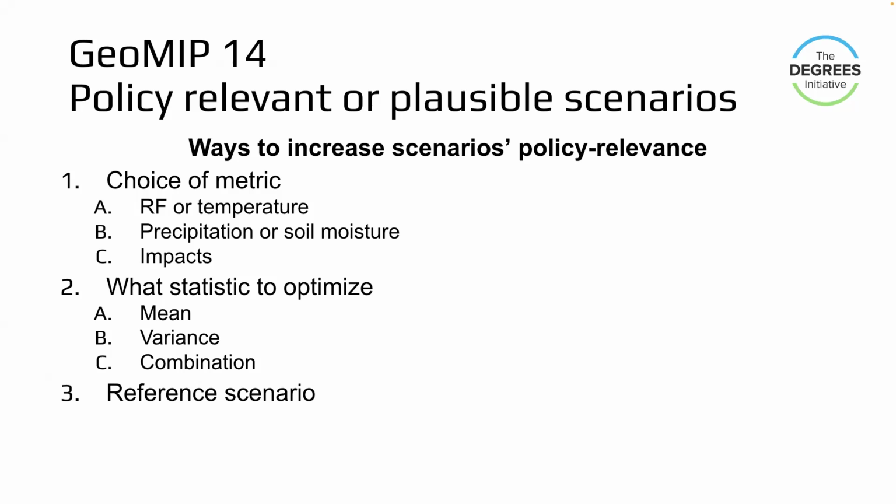Third aspect of scenarios to examine is what's the reference RCP? What's the reference scenario? And there was the argument made that the lower RCPs arguably have more policy relevance.